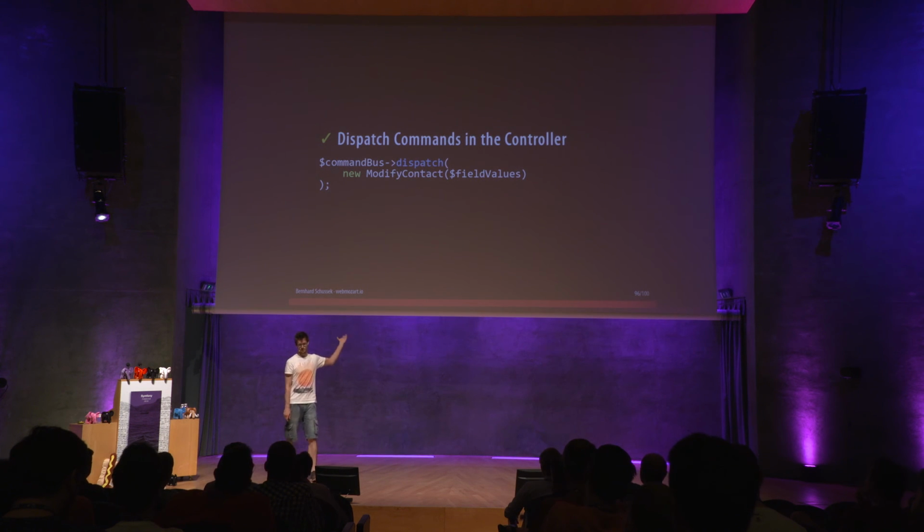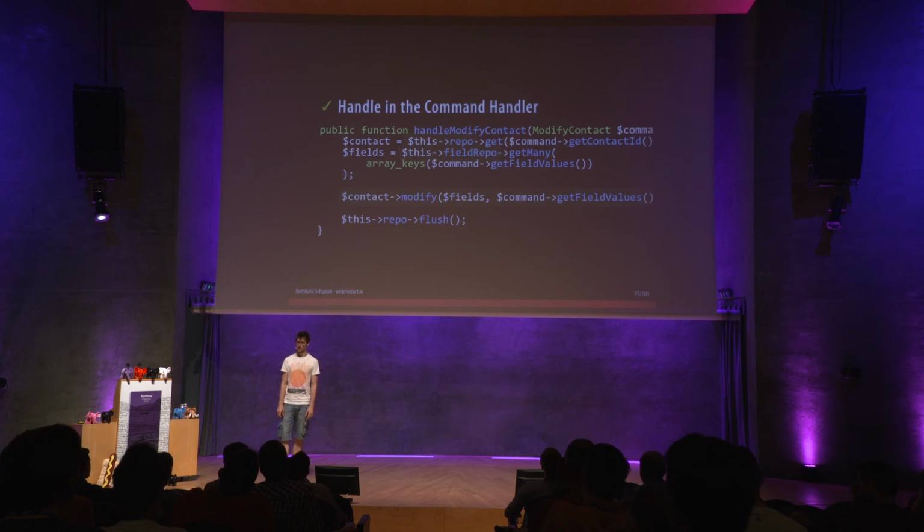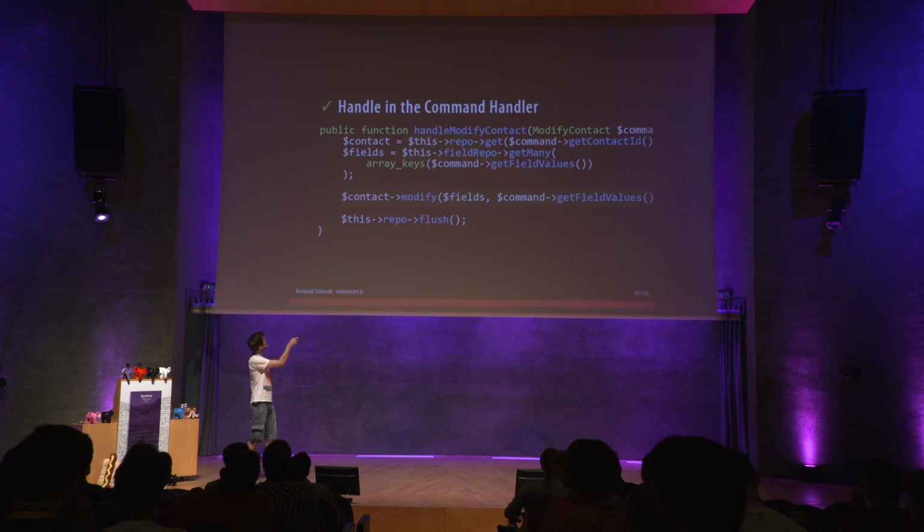So here's an example. Command bus dispatch modify contact with a set of field values. That's what you would do in your controller. Then you would have some command handler for handling that command, which gets the contact from the repository, and maybe it's also getting a field repository and getting all the fields for the field values that somebody wants to set on that contact.